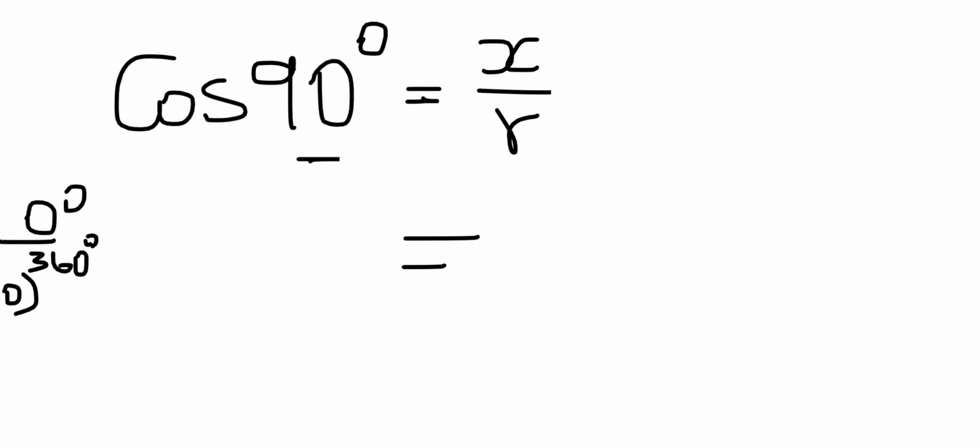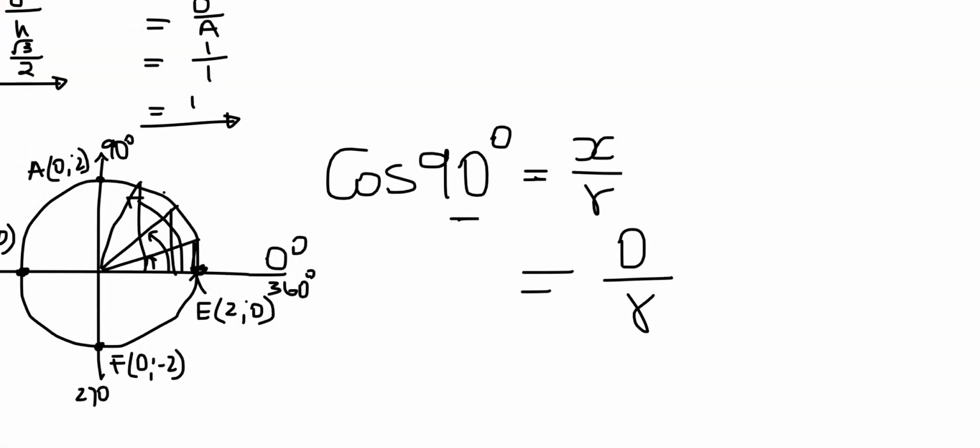So that means with the x value being 0, whatever the r value that we are having, of which that r value is 2.